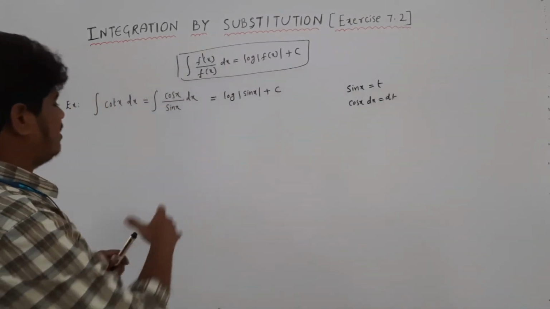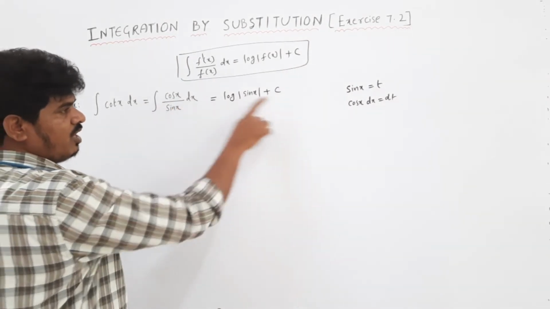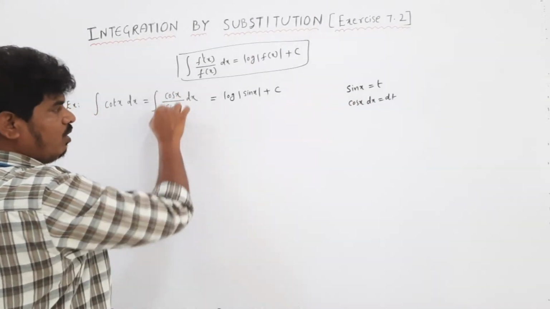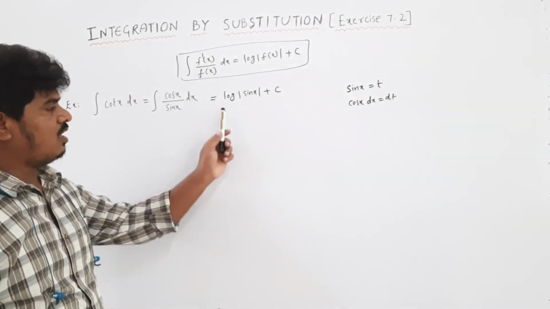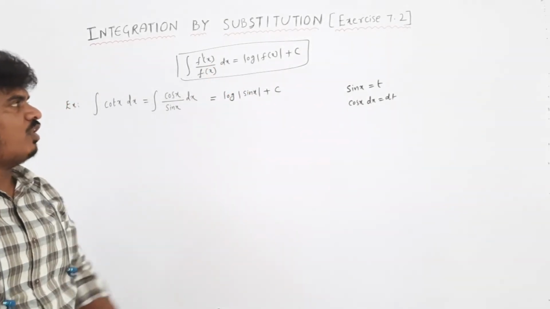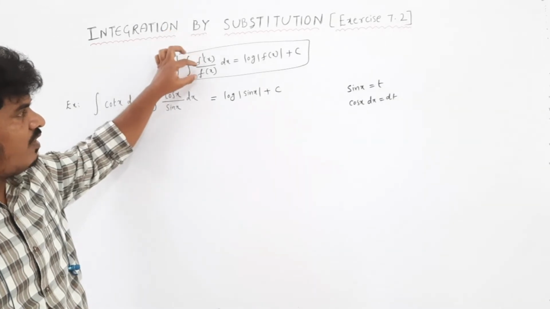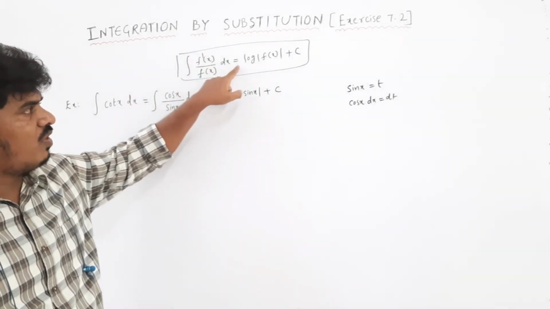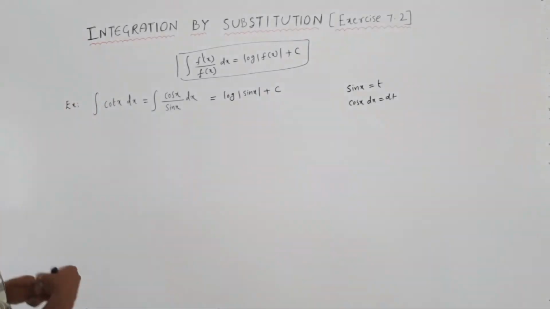So sin x will become t, cos x dx will become dt. So 1 by t dt you will get, that is log mod t, that is log mod sin x plus c. It is an important formula. The integral of f dash of x divided by f of x dx is equal to log f of x plus c. Okay, one more example.